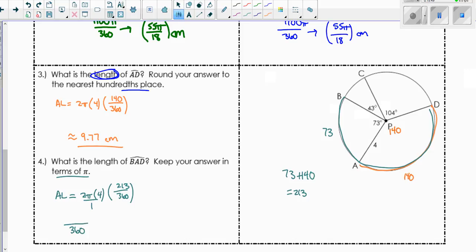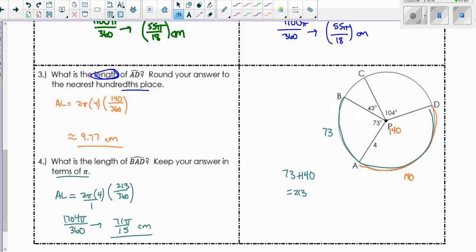My numerator is 2 times 4 times 213, which is 1704 pi. I'm going to divide that by 360, change it back into a fraction, and I get that my arc length is 71 pi out of 15. I'm going to again call it centimeters.